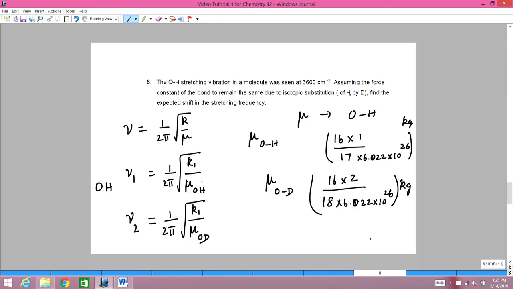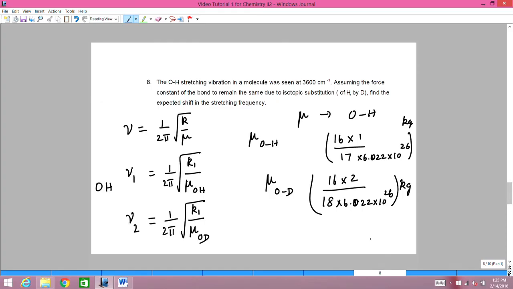Therefore, the mu of OD and the mu of OH are quite different, and since it is an isotopic substitution, if the force constant remains the same, the bond strength is very much the same, then what is the shift in nu 1 due to the substitution?